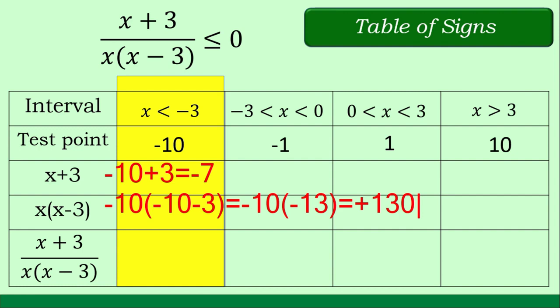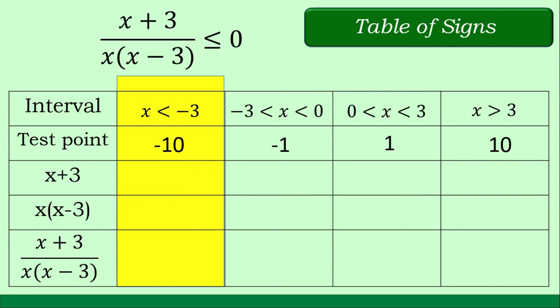Okay, so we have negative for the first one and we have positive for the second one. So this would be our answer. So allow me to erase now. So let's continue. That will be negative, right? And this will be positive. So again, for the last one right here, we will simply divide our sign. So we have negative divided by positive. Again, that's negative divided by positive will give you a negative answer.